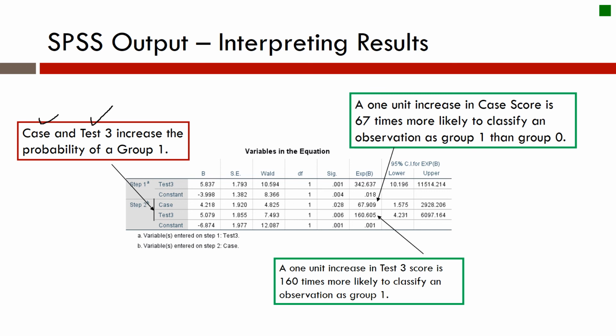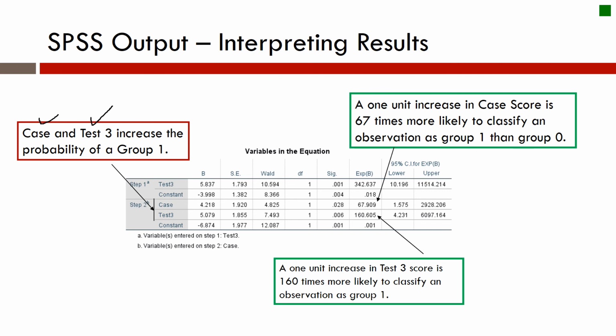And in this case, these are like high achieving students to low achieving students. So if you do well on case 1, you're 67.9 times more likely to be classified in group 1 than in group 0.